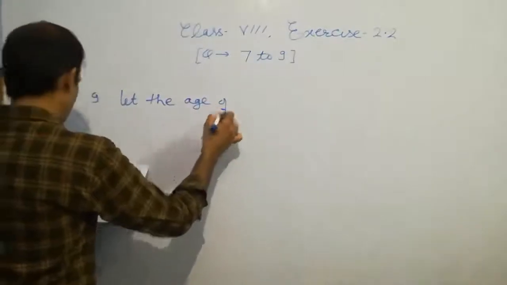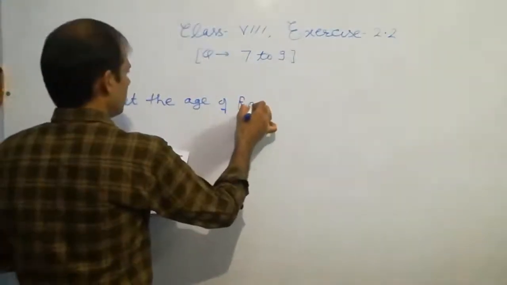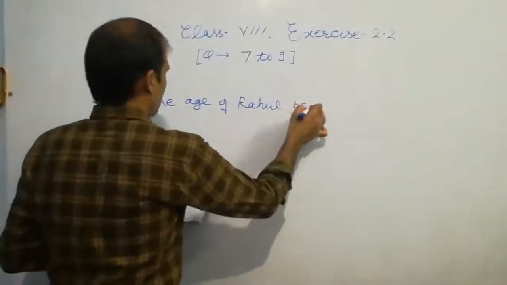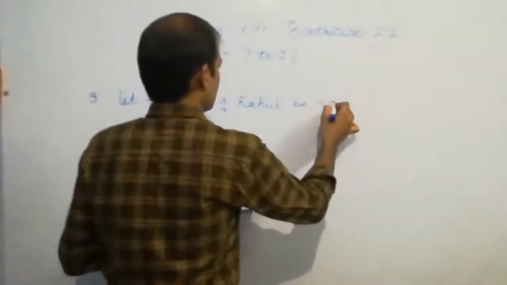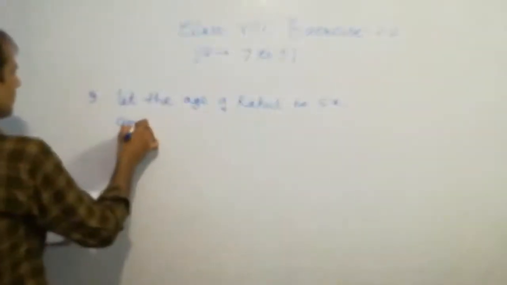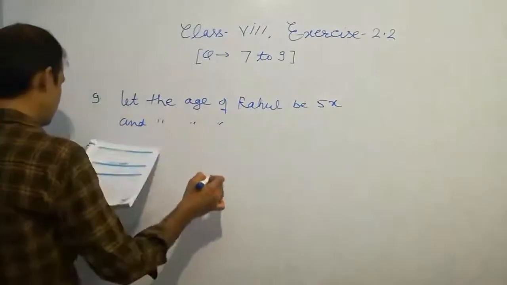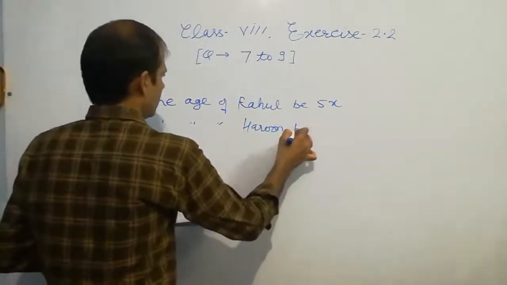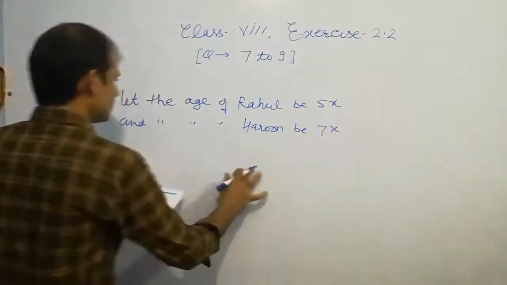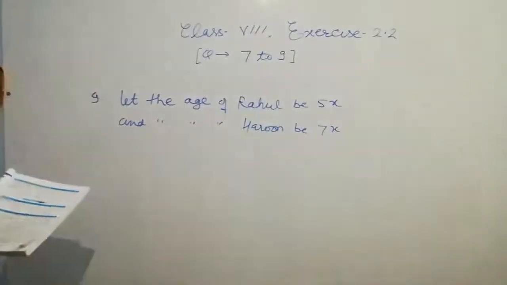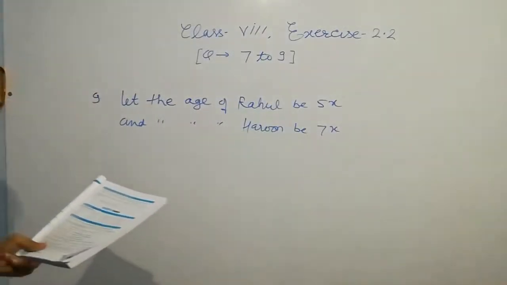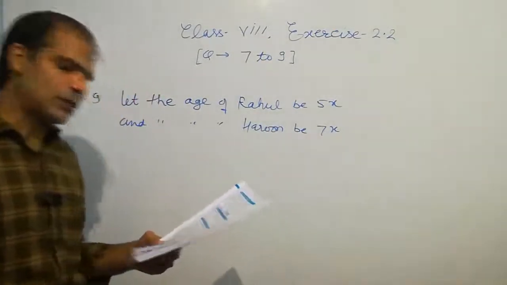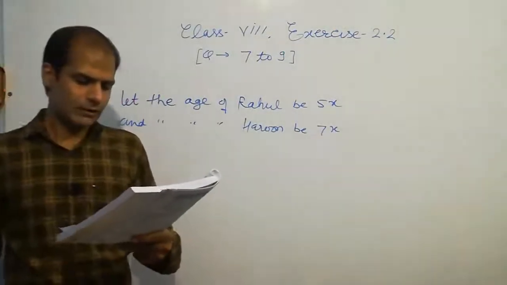Let the age of Rahul be 5x and the age of Harun be 7x. Now according to the question, 4 years later the sum of their ages will be 56 years. So find the present ages.